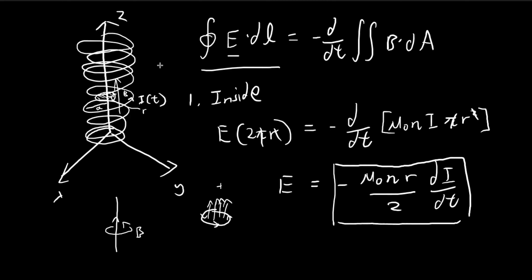So the electric field will be going the other way. If the current is decreasing, then di dt will be negative, and along with the negative sign, this whole thing will be positive, and the electric field will be going in the so-called positive direction. This is how the negative sign works, in case you're wondering.